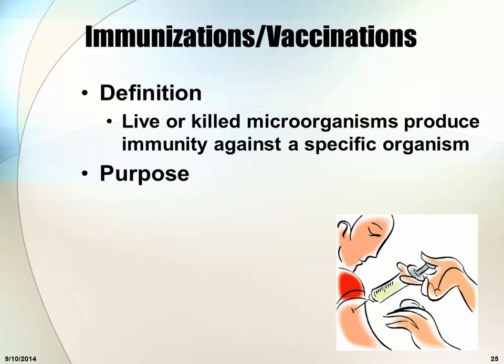Okay, anyways, definition: a vaccine is a live or killed microorganism that will produce artificially active immunity against a specific organism. So the purpose is to induce long-lasting protection, but not produce the disease. When they came up with this, how wonderful.